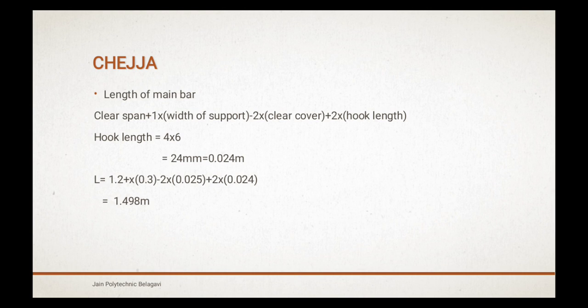Hook length is 4 times dia. The main bar of the chajja is 6 mm, so our hook length is 0.024 and the length of main bar of the chajja is 1.498 meter.